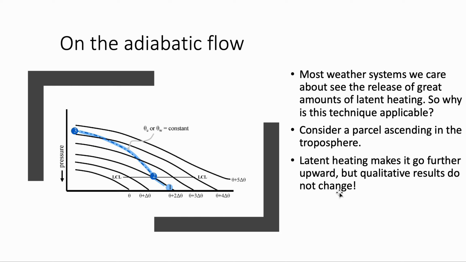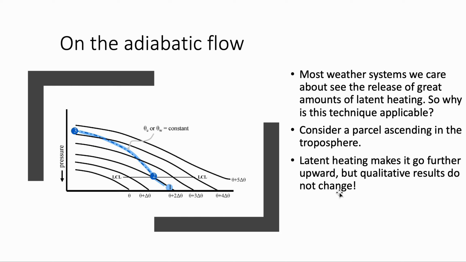In this case, we're approximating the motions as being adiabatic. And this is not always true, right? Whenever we have ascent, typically this ascent will cause the release of latent heating. And this heating is diabatic. And so this means that the parcel is not moving along an adiabat anymore.